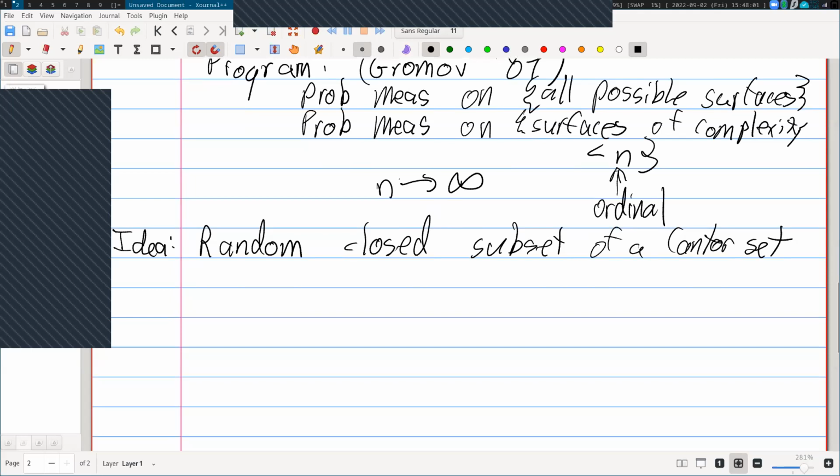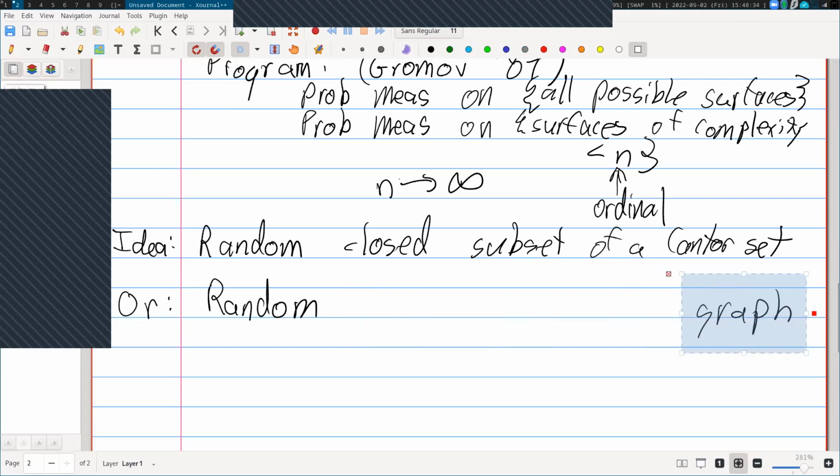But another idea is, what if instead of trying to generate a random surface, we remember Hannah's talk and we try to generate a random graph, okay? Remembering that there's this natural equivalence between the two, right? So we want a random graph, and you think, oh great, random graph, that's a thing that lots of people have studied.